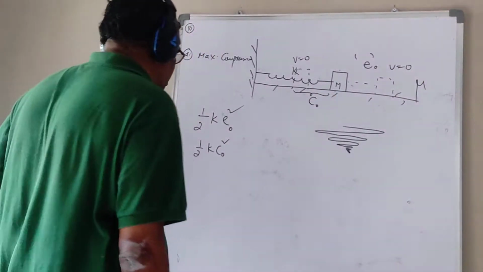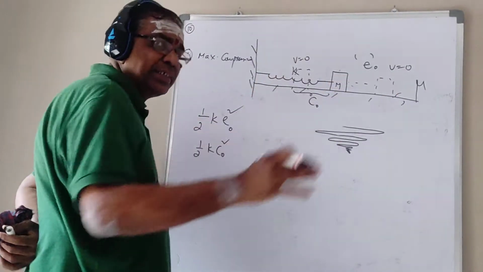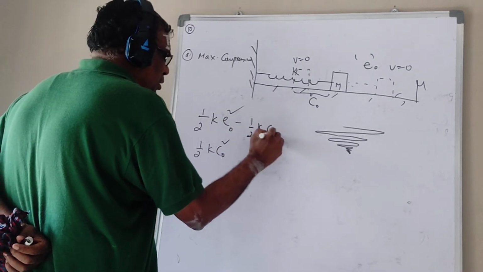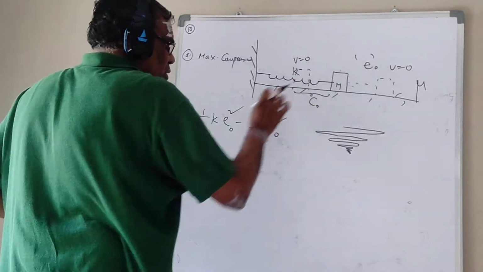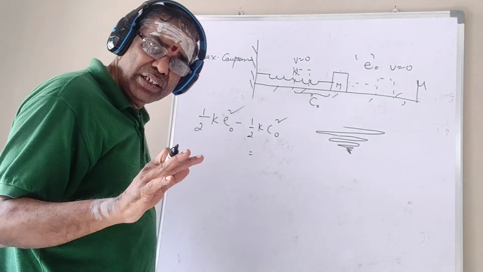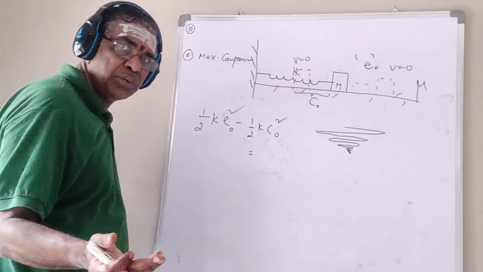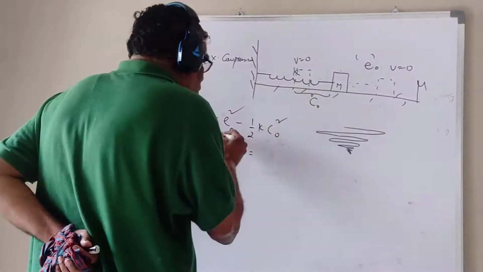Okay? Fine. What is the energy that is spent? Half k E naught square minus half k C naught square. Initially 100, it's a 20. What happened to this 20? Nothing is converted to kinetic energy because the change in kinetic energy is 0.